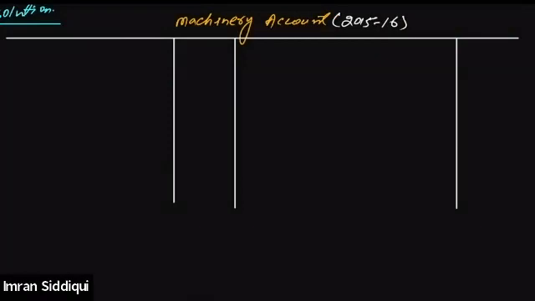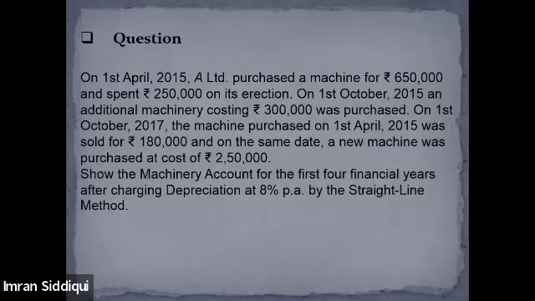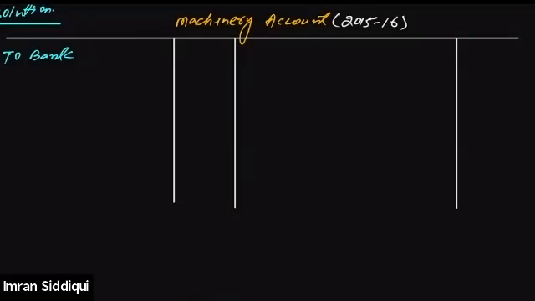Yes. So on the debit side, we'll write down to bank account 6,50,000 plus 2,50,000.